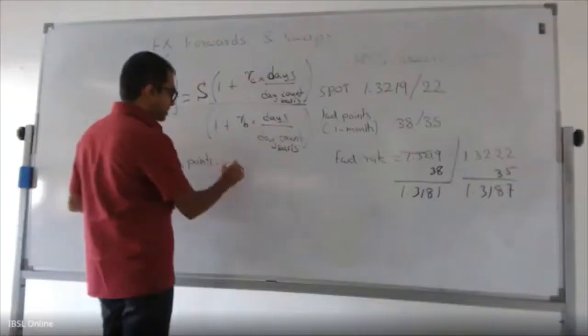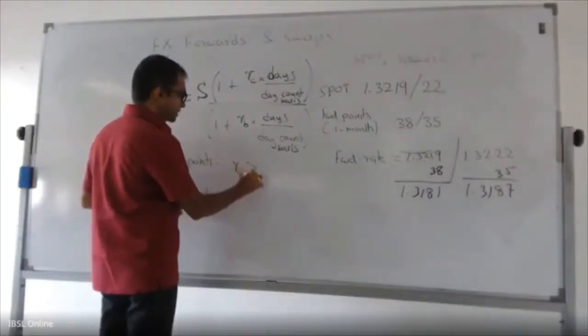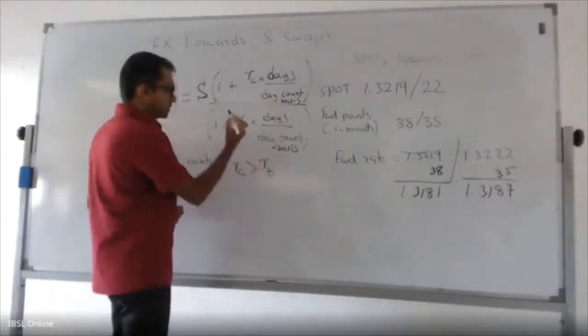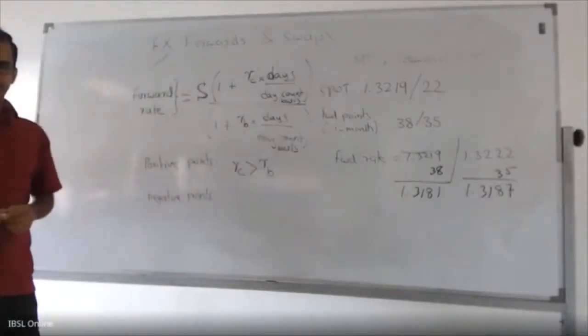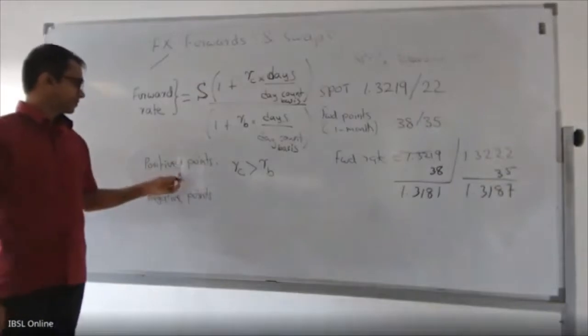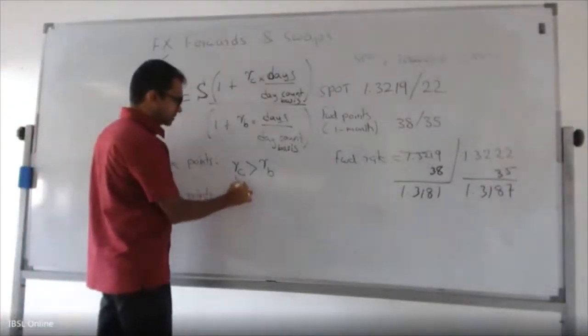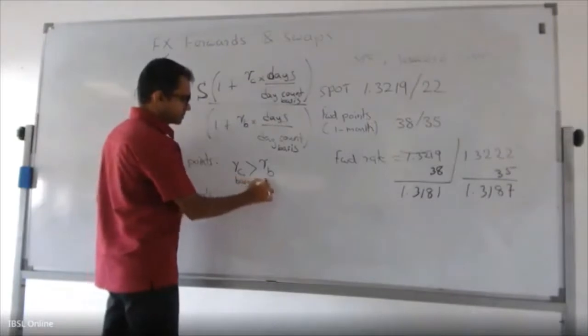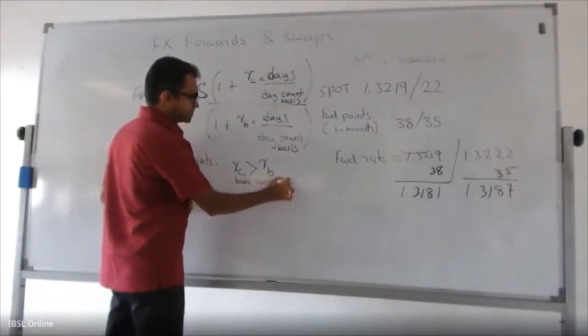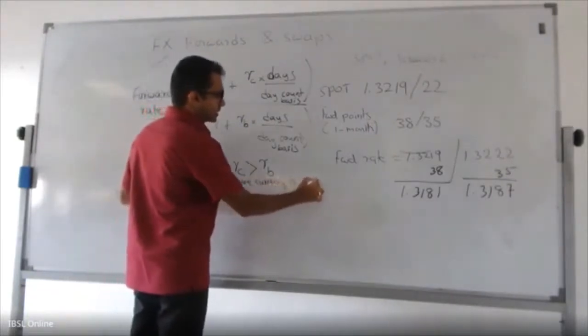RC higher than RB. Yes. When the counter currency interest rate is greater than the base currency interest rate, then we'll get positive points. Then we'll say the base currency is at a premium.